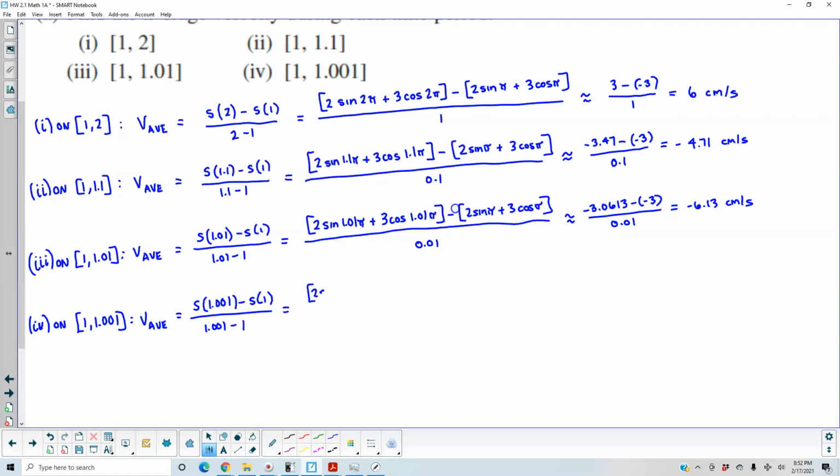So we have 2 times the sine of 1.001 pi plus 3 times the cosine of 1.001 pi minus 2 times the sine of pi plus 3 times the cosine of pi, all over 0.001.